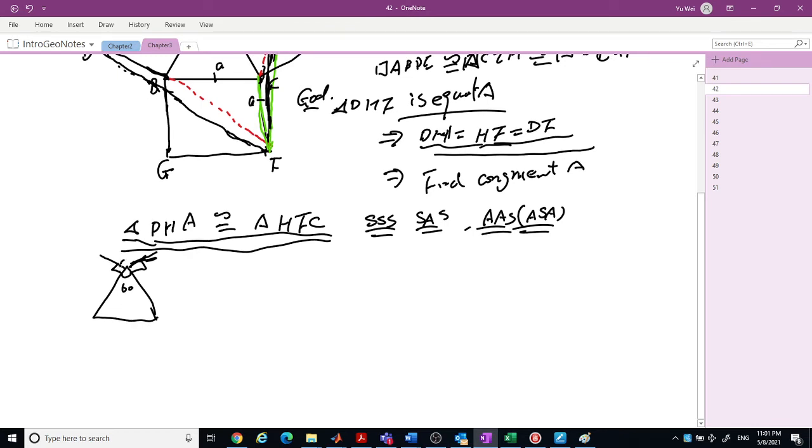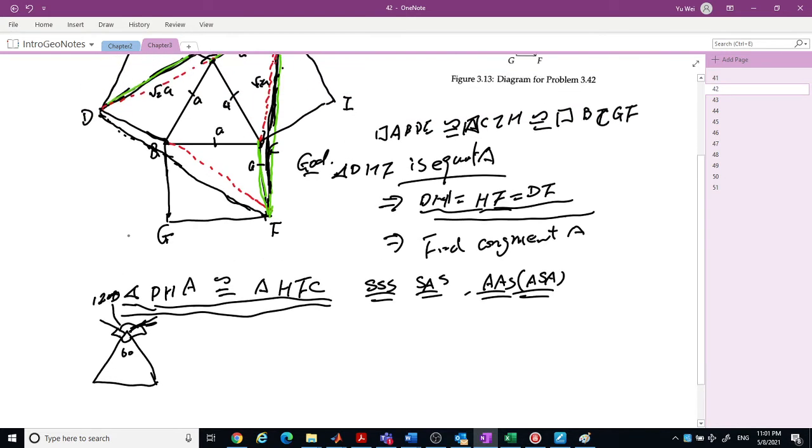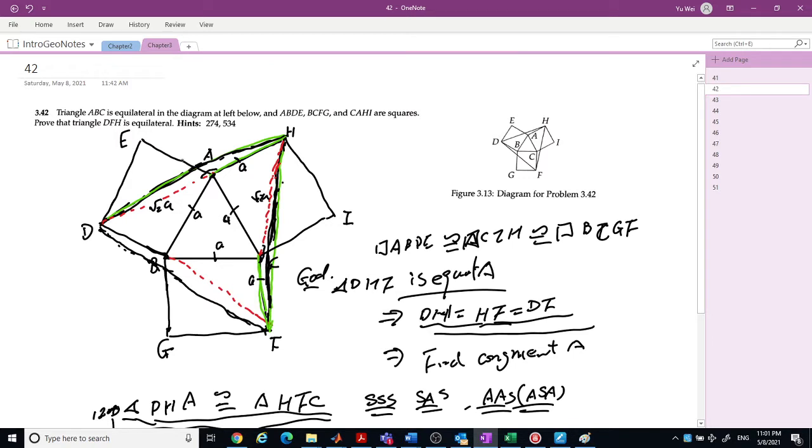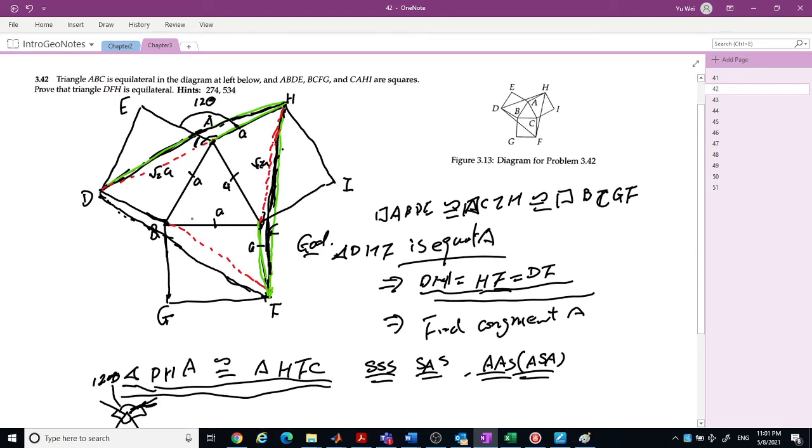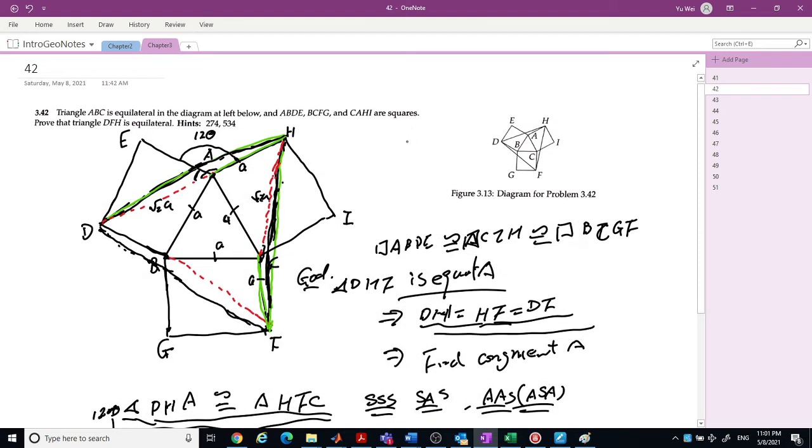This is a full circle, so this one is 120 degrees. Going up to C, this angle is 120 degrees, and this one is 45 degrees. So let me write here: angle DAH is equal to 120 plus 45, and for the same reason angle HCF is equal to 120 plus 45.